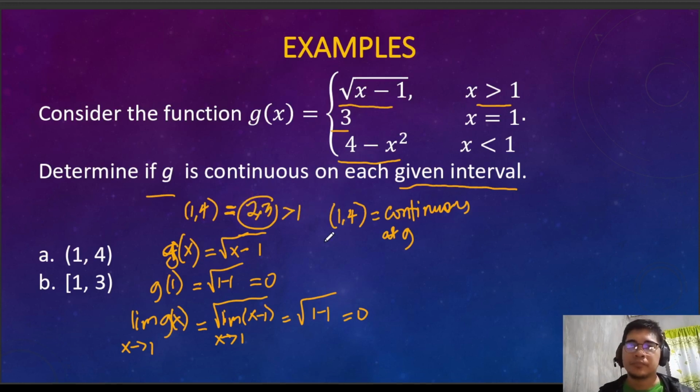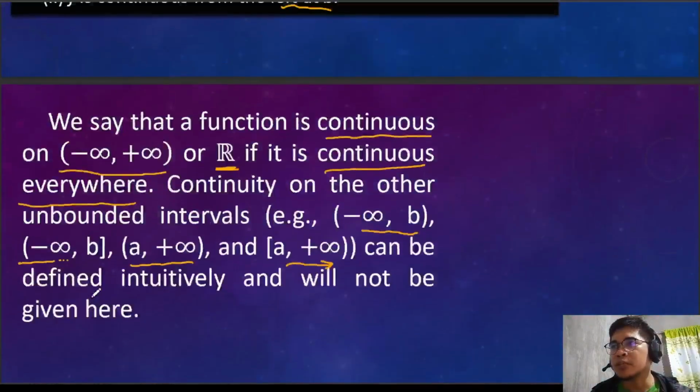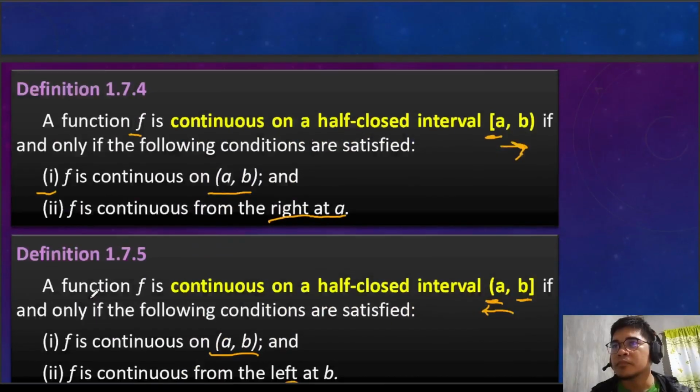So the next one, number 2, we have the half-closed interval 1 and 3. Take note, this is from definition 1.7.4. A function f is continuous on a half-closed interval, the closed interval from A and open interval B, if and only if the following conditions are satisfied.